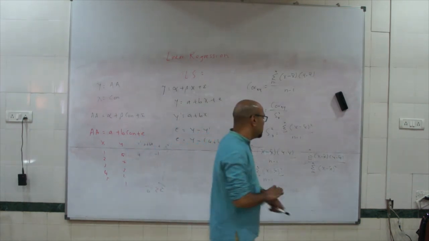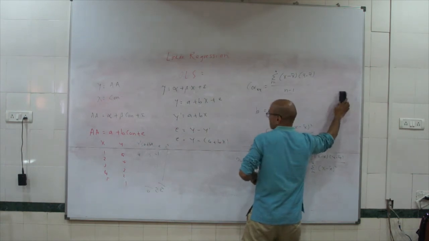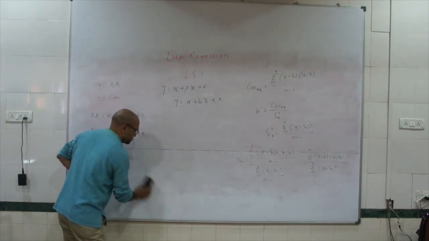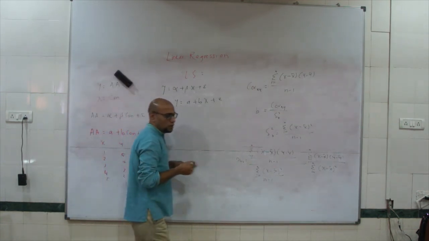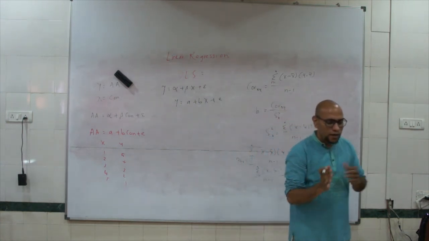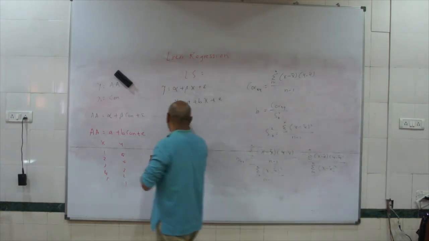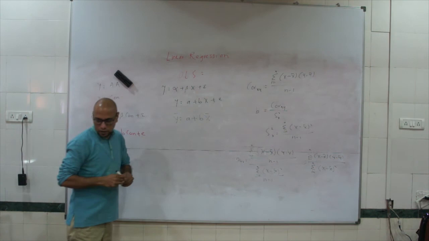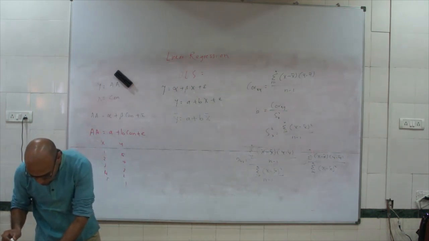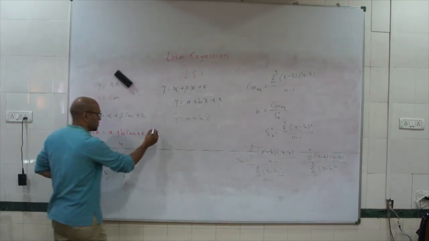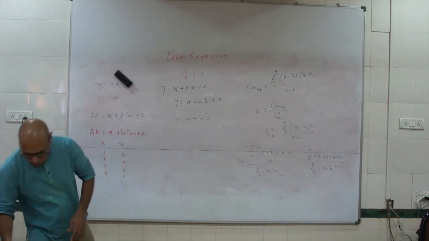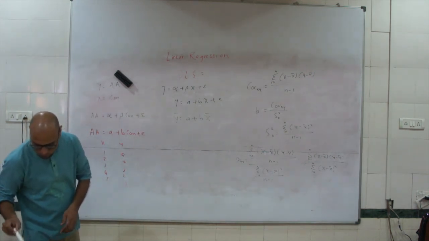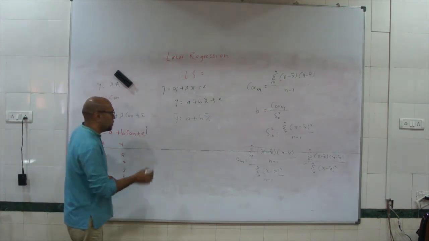Given this, I know that y bar is equal to a plus b x bar. So I can have y bar minus b x bar is equal to a.